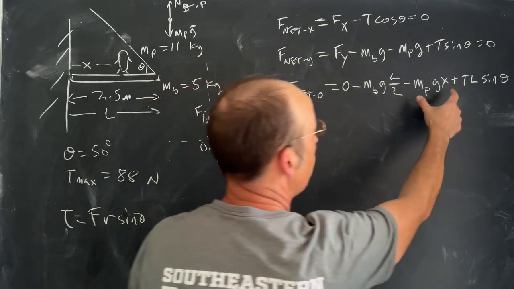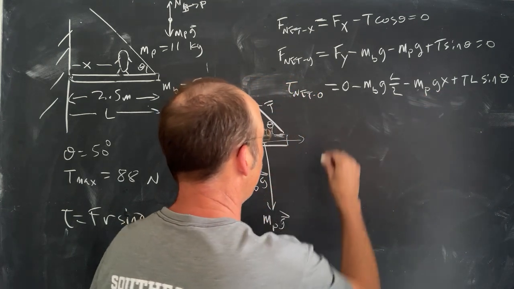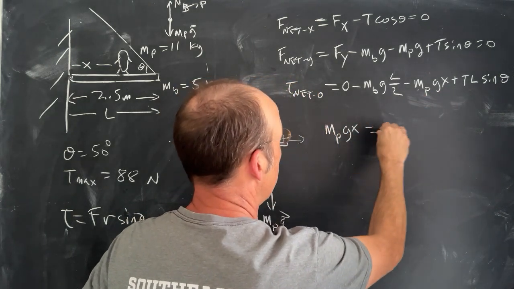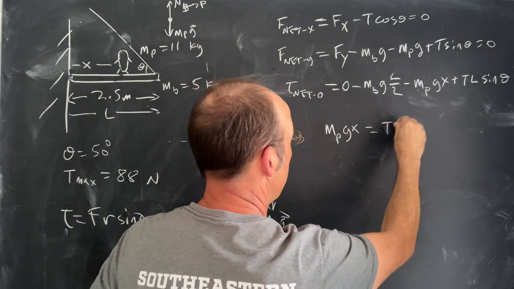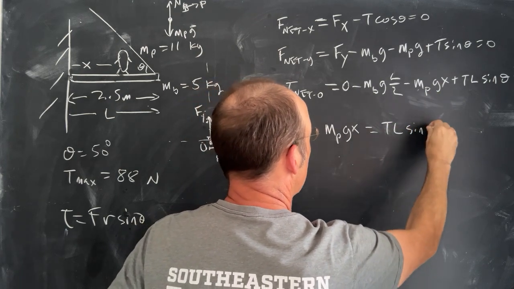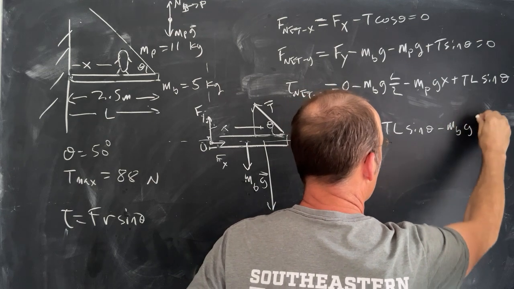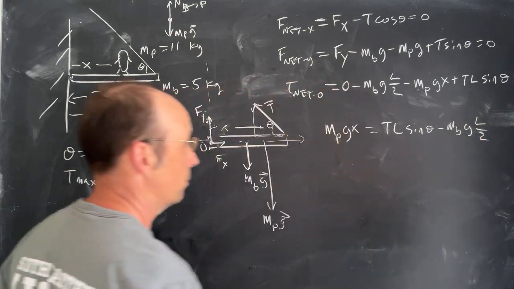So let's just move this term to the other side. I get m_P g x equals, and what I have left is T L sine theta minus m_B g L over 2.